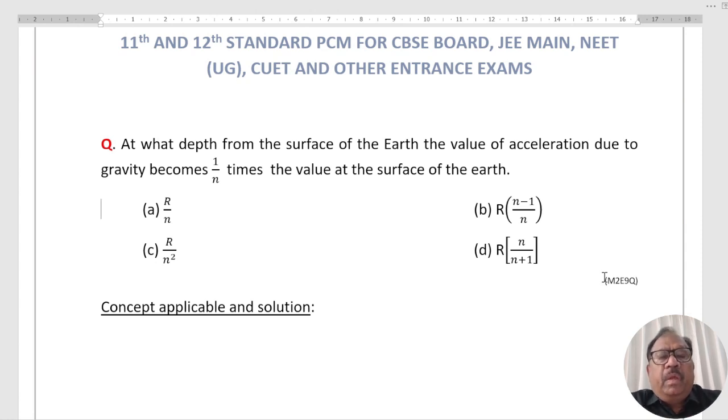Question is, at what depth from the surface of the earth does the value of acceleration due to gravity become 1 by n times the value at the surface of the earth? 4 options are given to you. One of the options is correct.